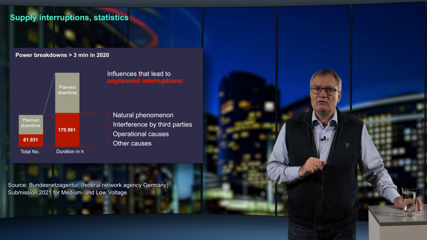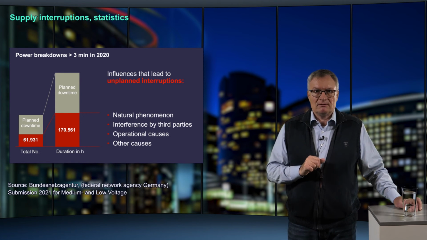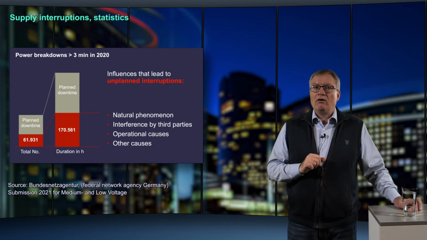Almost 62,000 unplanned disturbances of more than 3 minutes duration were reported in the medium and low voltage grid with a total duration of almost 171,000 hours. Most power breakdowns were caused by operational cases or influences from third parties.